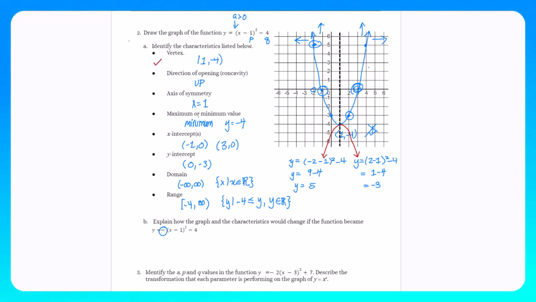The axis of symmetry stays the same. The minimum now becomes a maximum right here. The x-intercepts no longer exist for the second one. And the y-intercept changes.